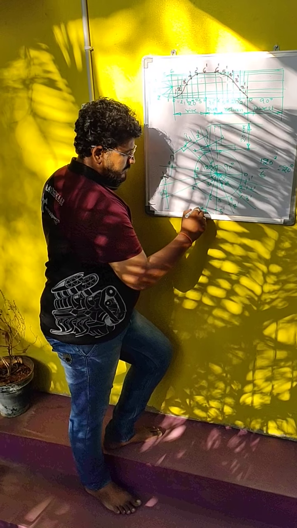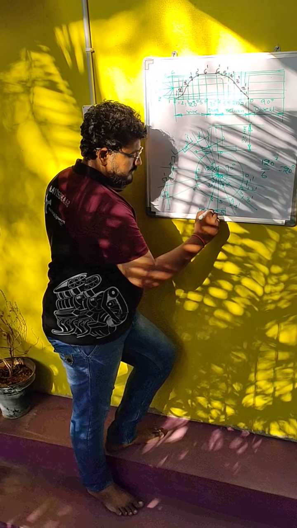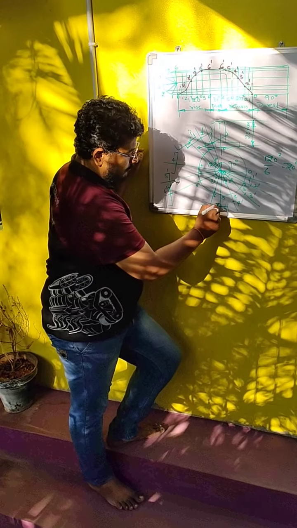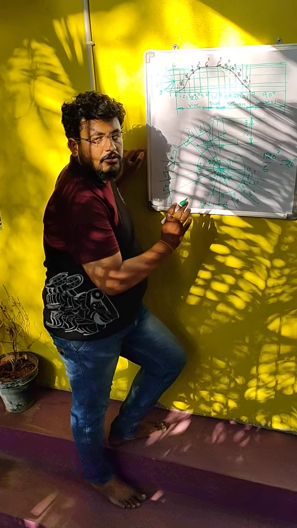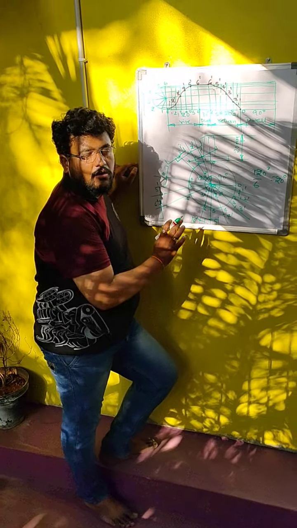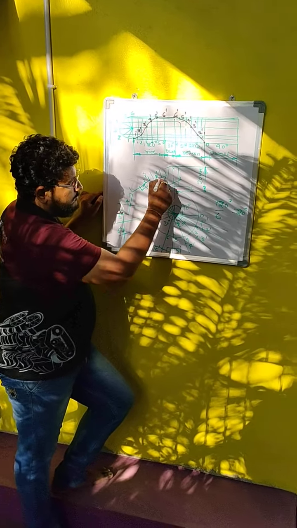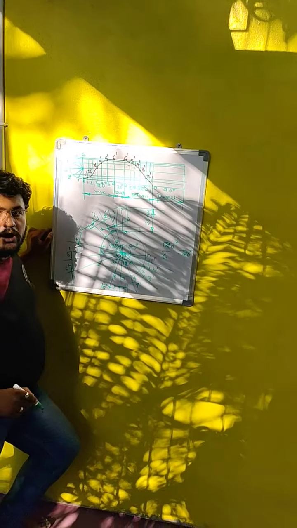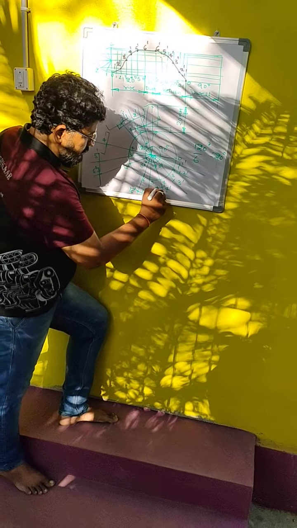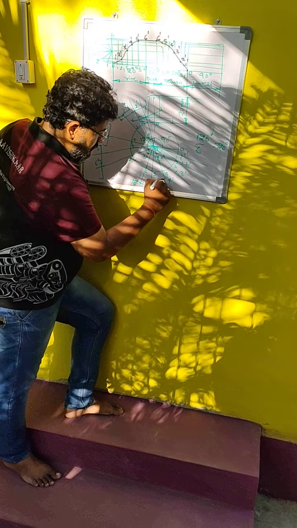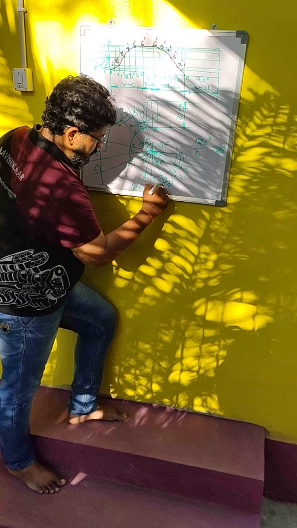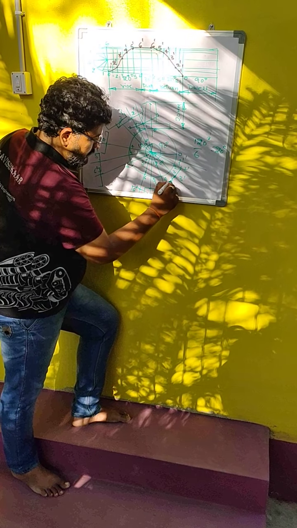Once again, do the same. That means from whichever point you consider, if you measure this angle, the angle should be 90 degrees. All the flat faces should make an angle of 90 degrees. That means all the flat faces should be perpendicular to the lines which you have drawn.